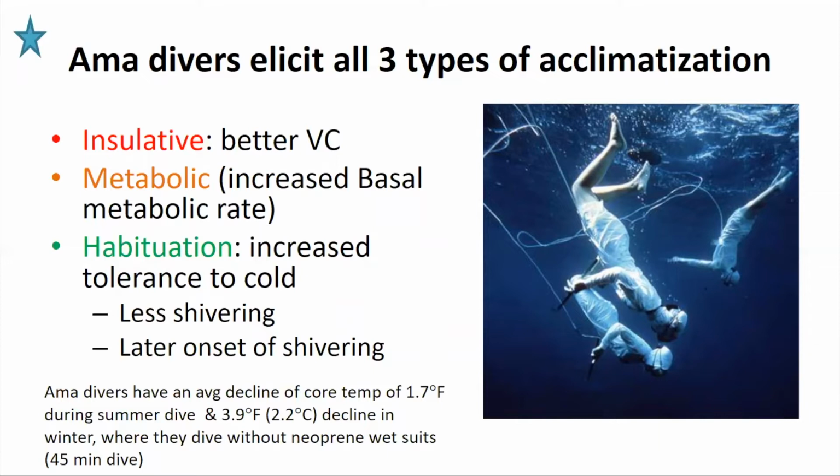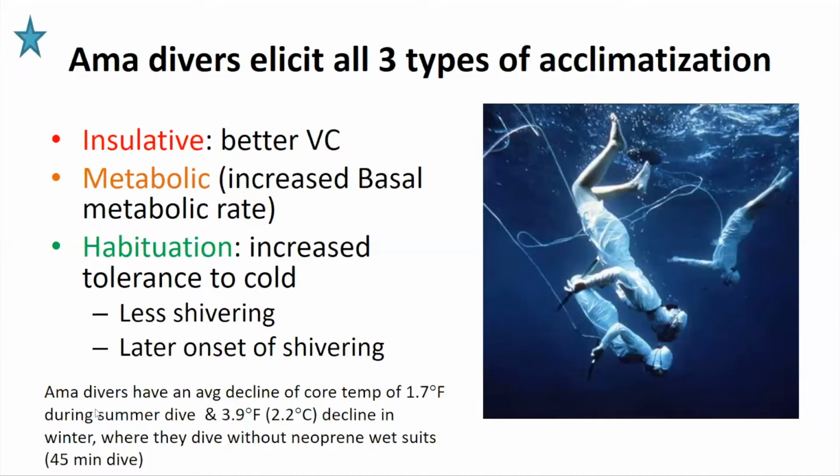So AMA divers are pearl divers, and they free dive for pearls. And typically they are Korean and Japanese, and they are mother age, grandmother age, and they breath hold. And traditionally, they didn't wear neoprene suits, so they would free dive in very, very cold water.